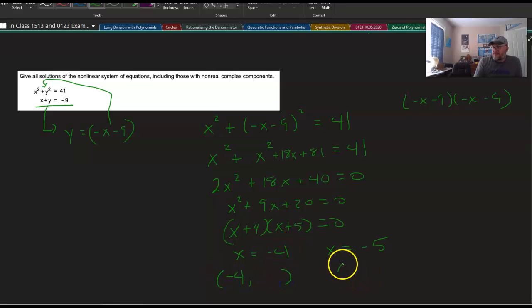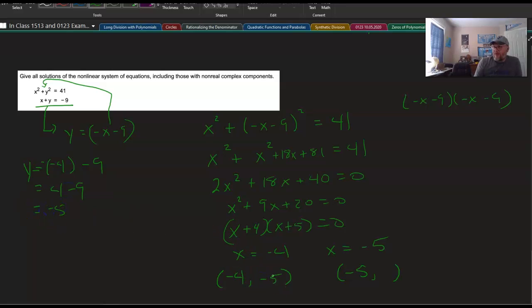So I got this. If I substitute a negative 4 in here, the opposite of negative 4 is positive 4. So I get 4 minus 9, which gets me a negative 5.